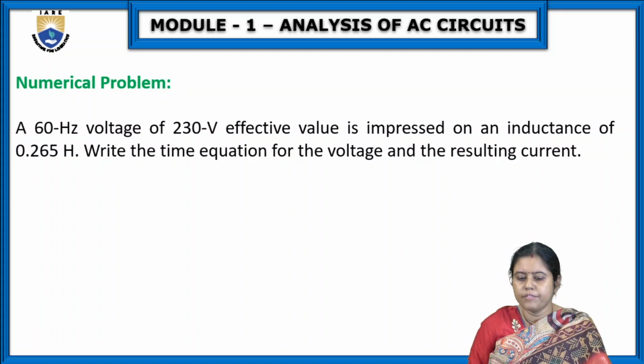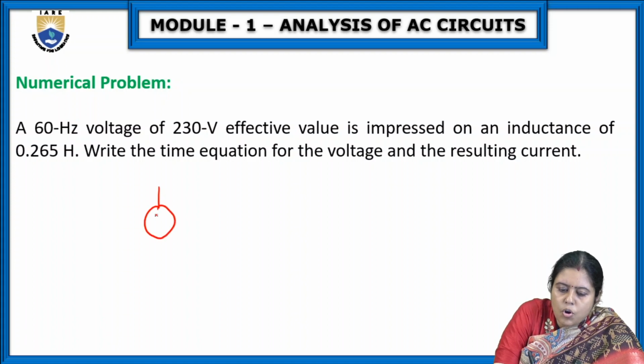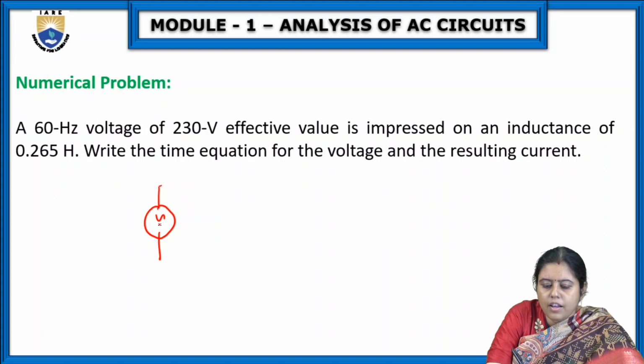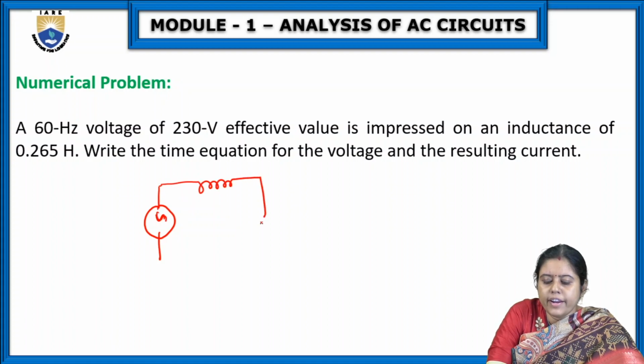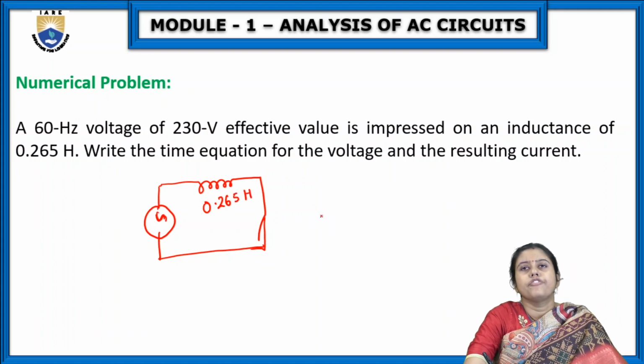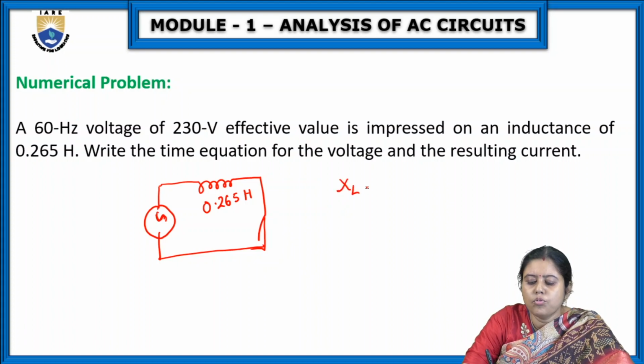Let's start with the voltage equation. First we draw the circuit: one AC supply and a pure inductive circuit, with inductance 0.265 Henry. First we have to calculate the reactance, the value of XL.